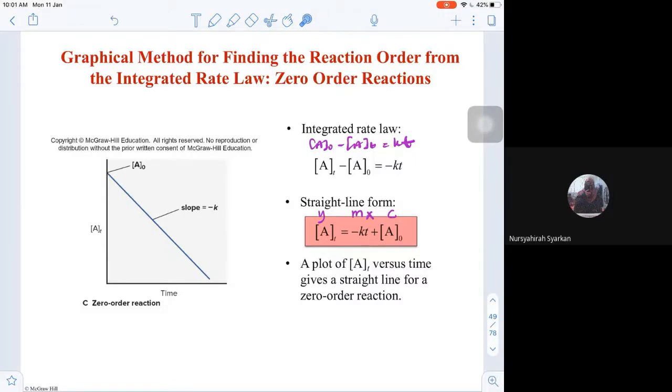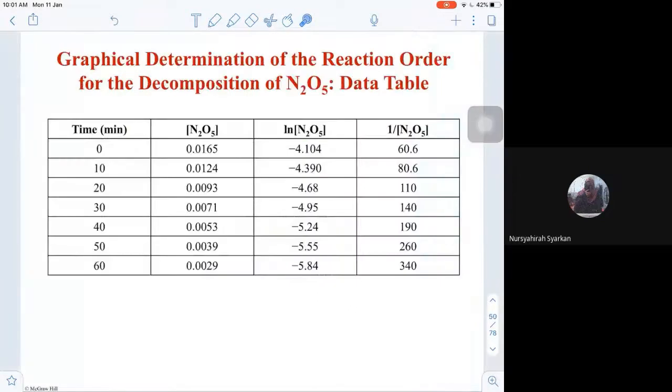Okay, so let's look at the example that is given. This data in your textbook is on page 709. Look at your textbook. It is actually the decomposition reaction of N2O5.